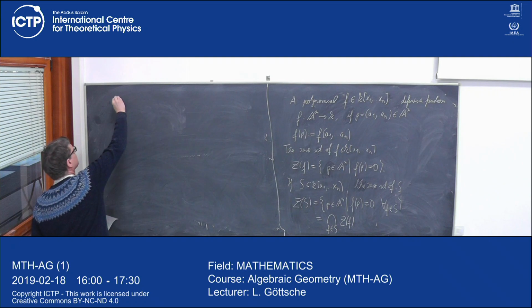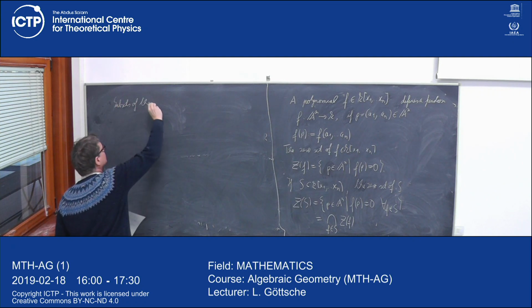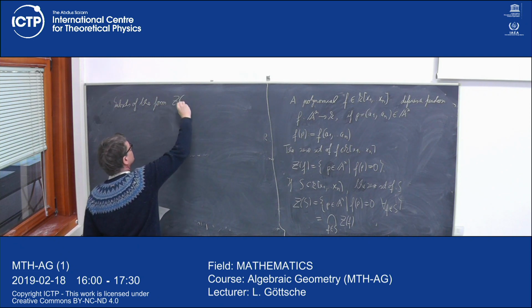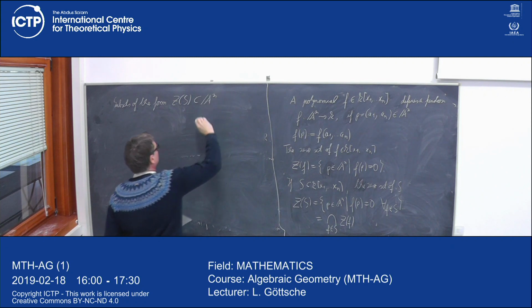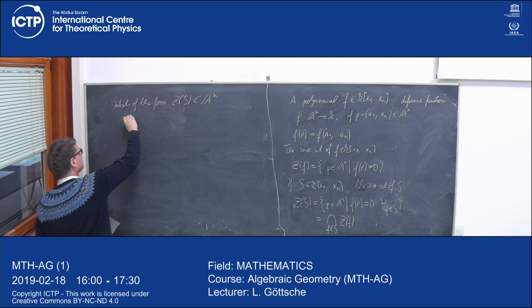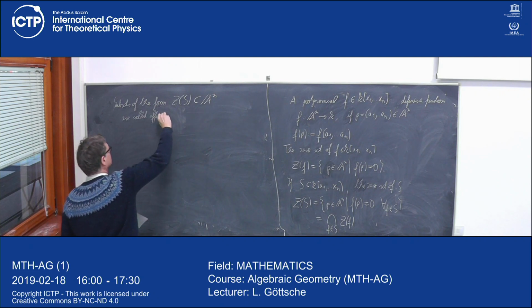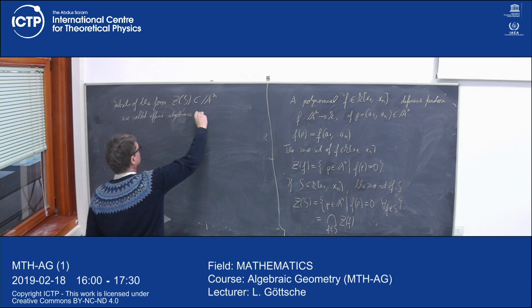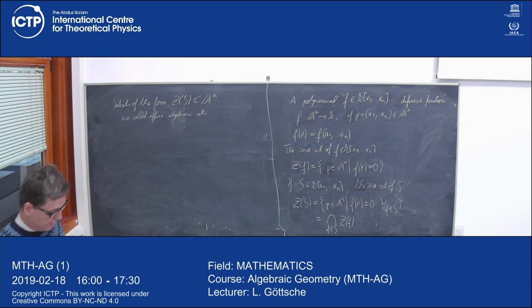So subsets of the form Z(S) in A^n are called affine algebraic sets. Okay, so that's this definition.